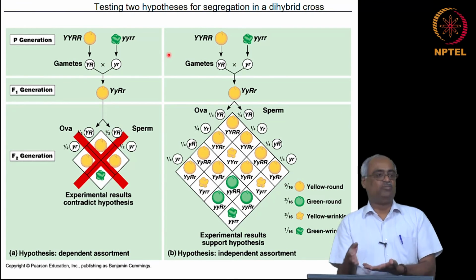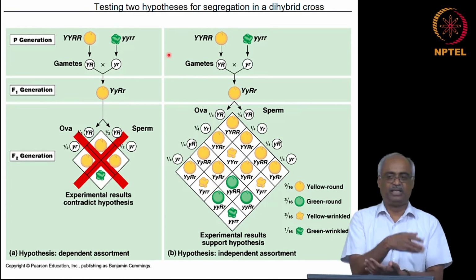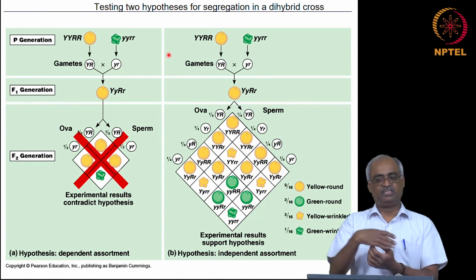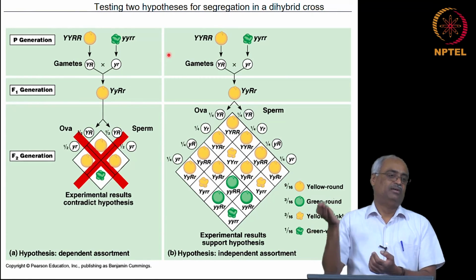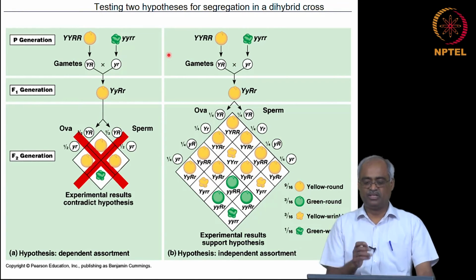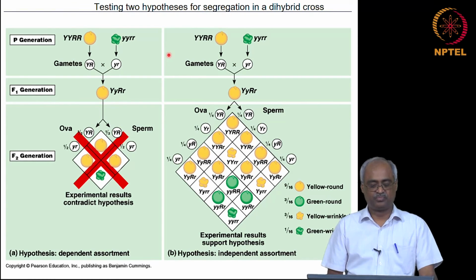So, does the genetic information for one phenotype influence the transmission pattern of the genetic information for another phenotype? So, that is what this second experiment is, the dihybrid cross.